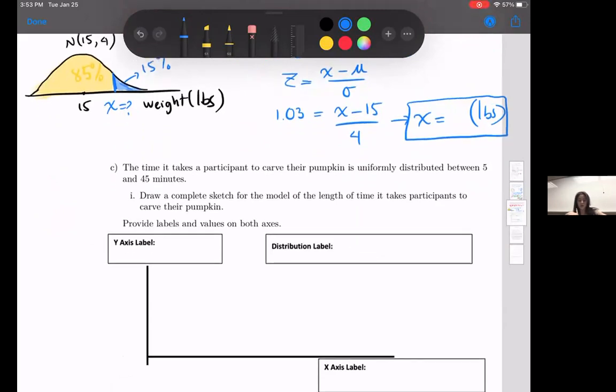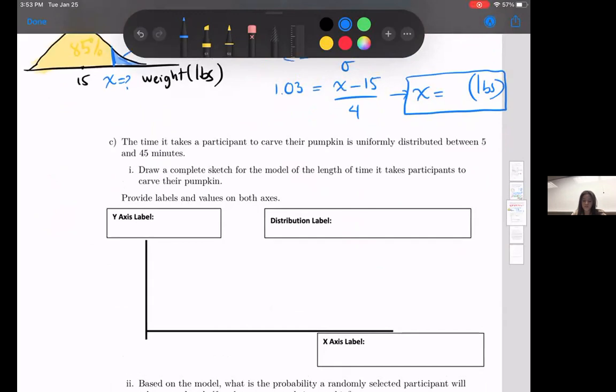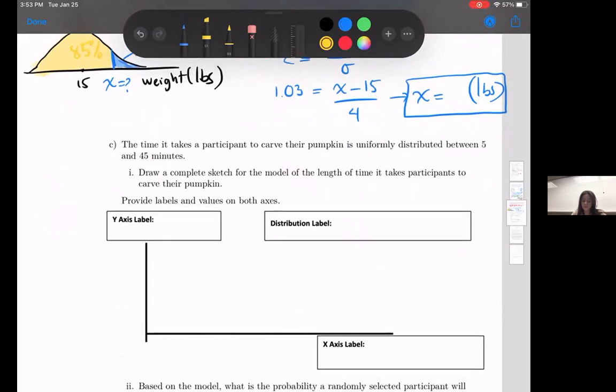First of all, I want you to draw it and make sure you label all the boxes here. So what's the distribution here? How would I put in the distribution label?